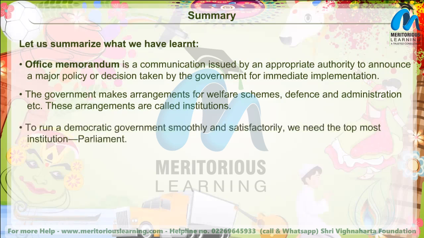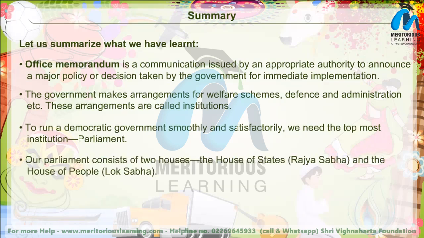To run a democratic government smoothly and satisfactorily, we need the topmost institution, Parliament. Our Parliament consists of two houses, the House of States, Rajya Sabha, and the House of People, Lok Sabha. Lok Sabha has more powers than Rajya Sabha.